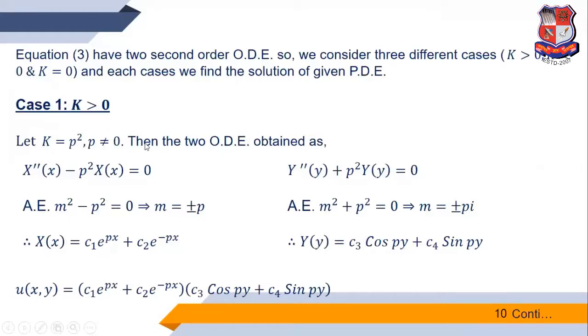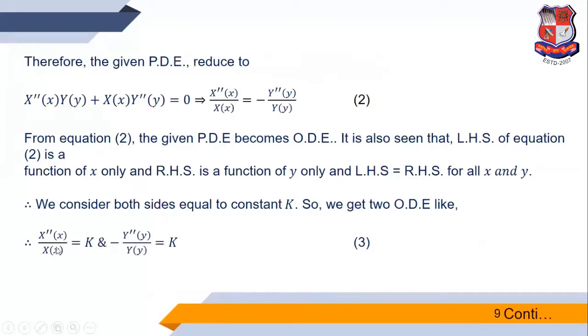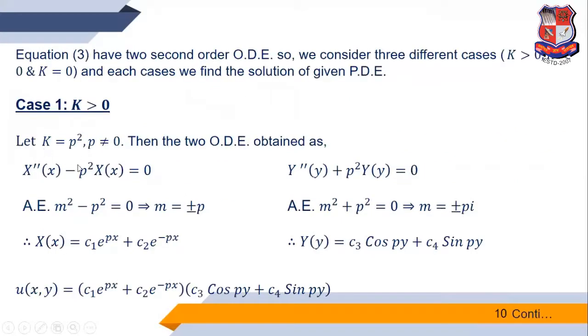Then the given two ODEs are obtained: X double dash minus p square X is equal to 0 from equation 3. X double dash upon X is equal to p square. Therefore, X double dash is equal to p square X. Therefore, X double dash minus p square X is equal to 0.